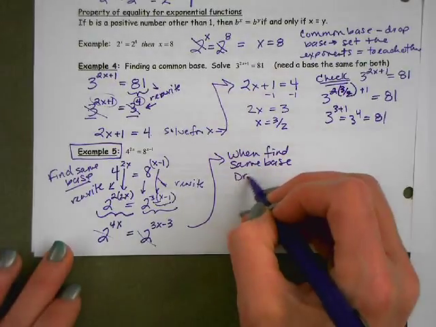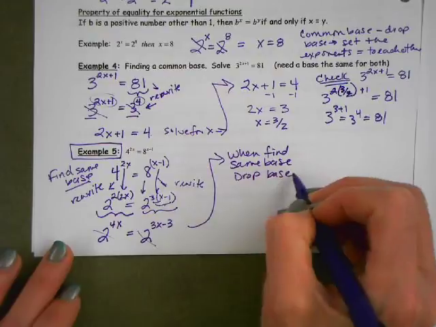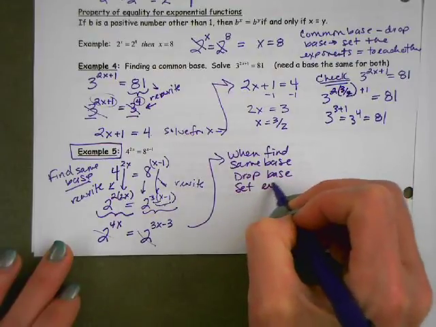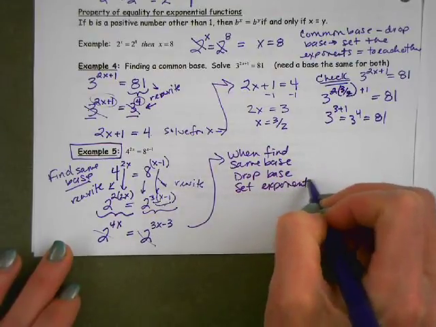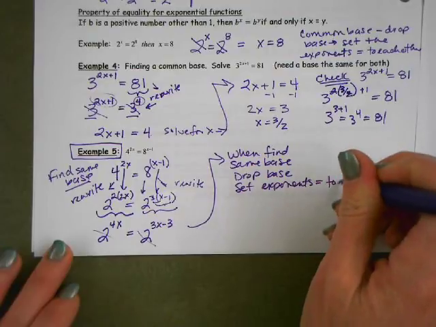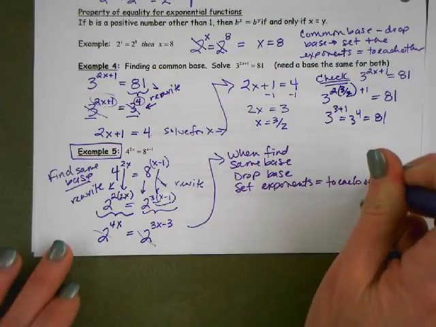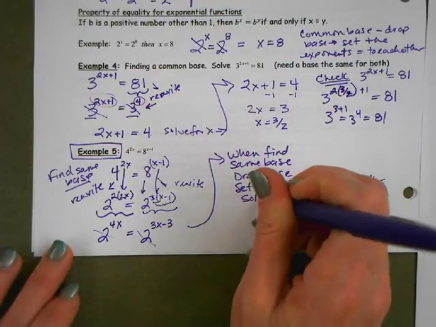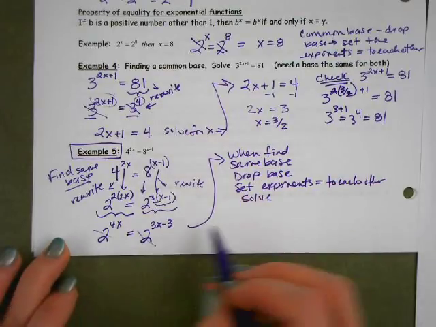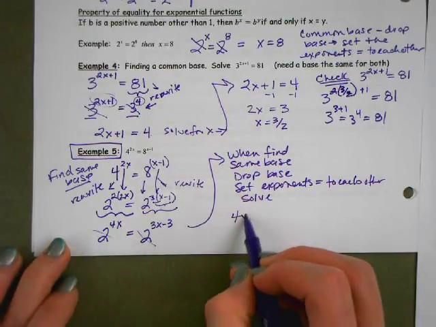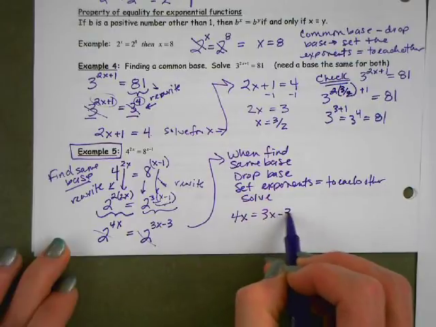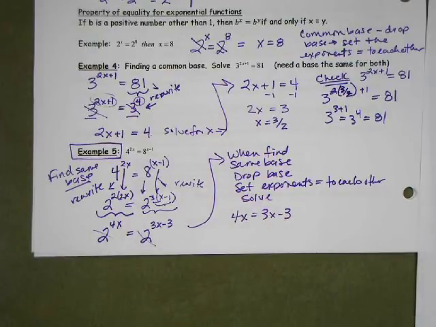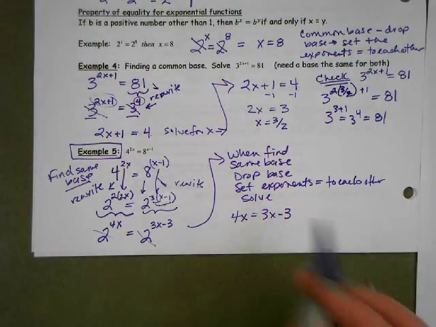So you could drop the base and set the exponents equal to each other, and then solve. Okay, so I'm going to do the 4x equals 3x minus 3. Does that make sense?